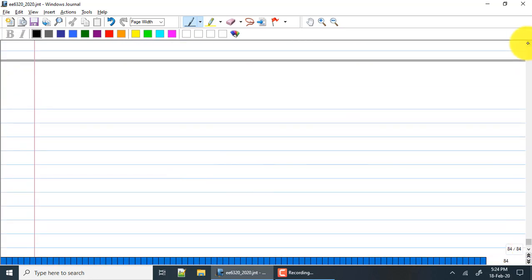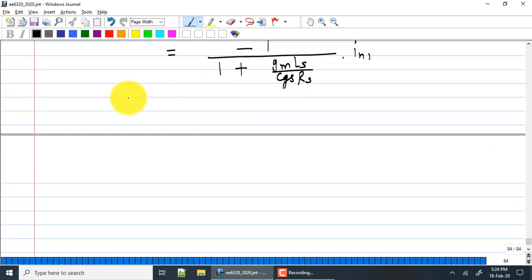Remember that we have set omega t times LS is equal to RS. This is what we have set earlier.